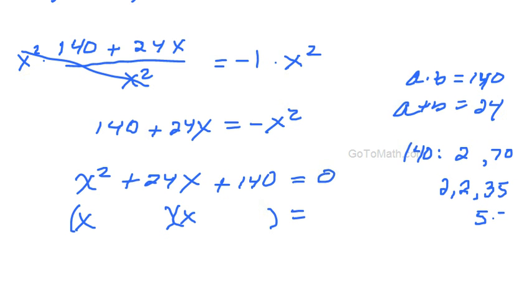We got 5 times 7. Right, 2 times 2 times 5 times 7 should give us 140. 5 times 7 is 35. Alright, let's look at 2 times 2 is 4. And 4 times, oh, no, that's 27.